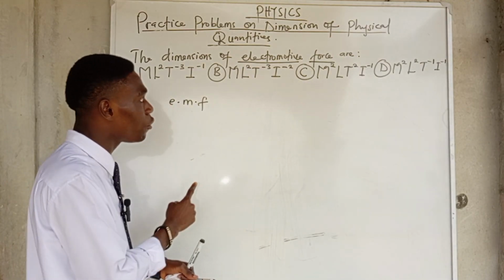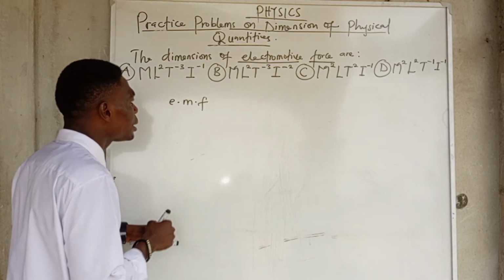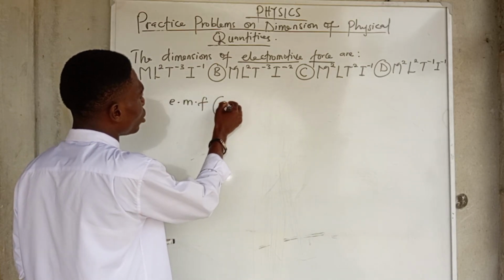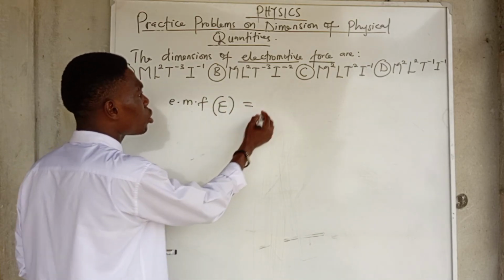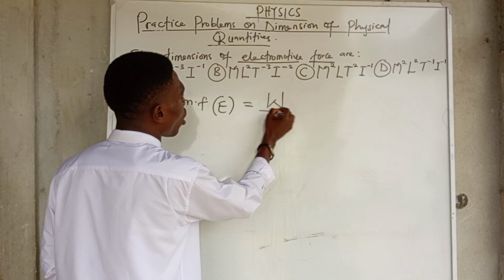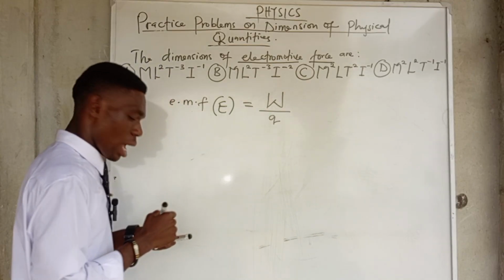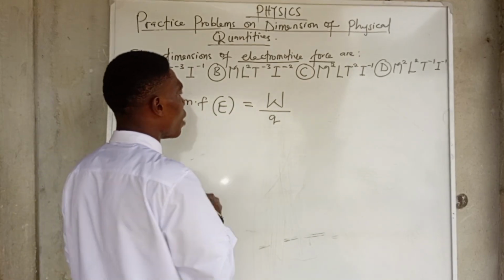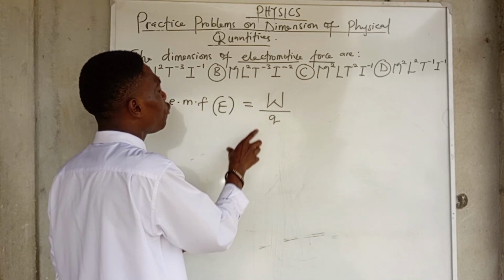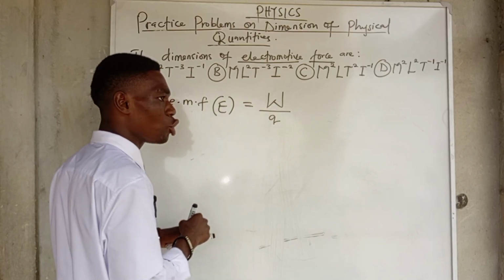That is electromotive force or EMF, and it is denoted by the symbol E, is equal to work over charge. Are we together now? Work over what? Charge. This is the formula for electromotive force.